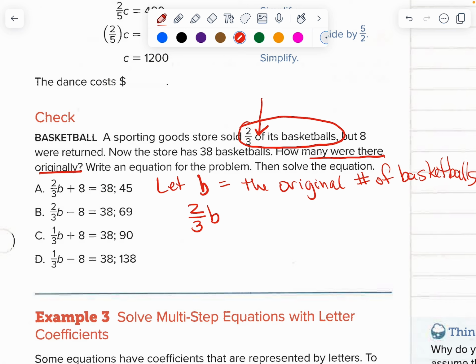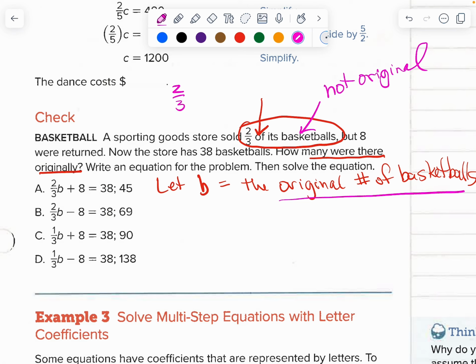Let's go back. I have to read completely. Be careful. This doesn't say original basketballs. This is not the original, and we use B as original. So if they have 2/3 of the basketballs, how many more do they need?